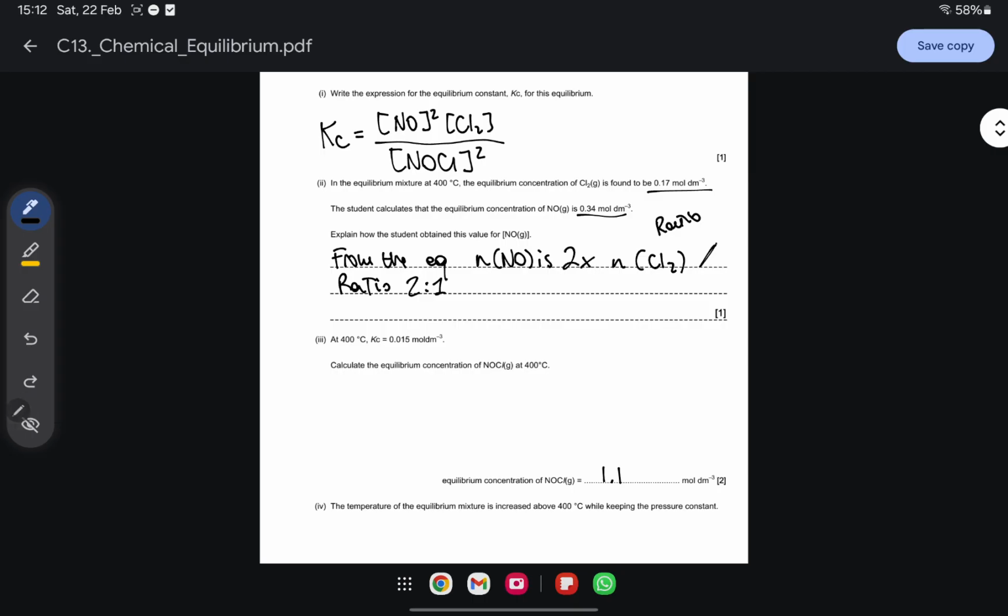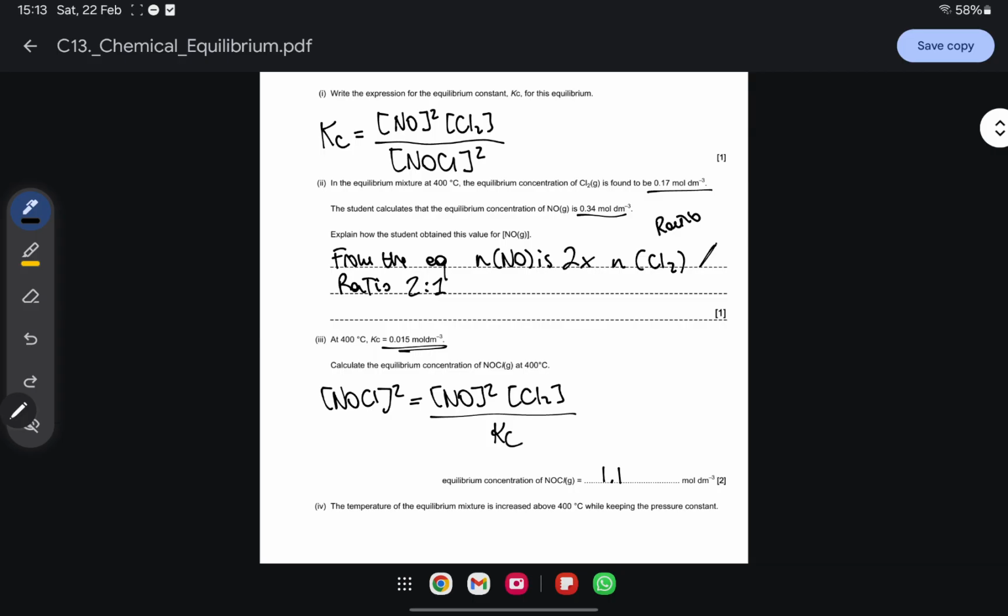So we have the Kc and we have the concentrations. We're going to need to do a bit of rearrangement. [NOCl]² is equal to, I bring it to that side, the concentration of the reactants divided by Kc.